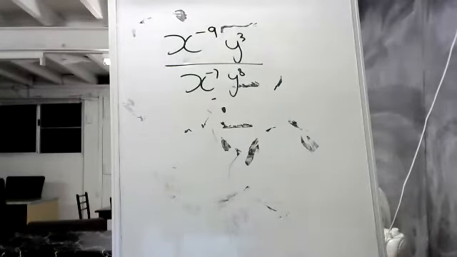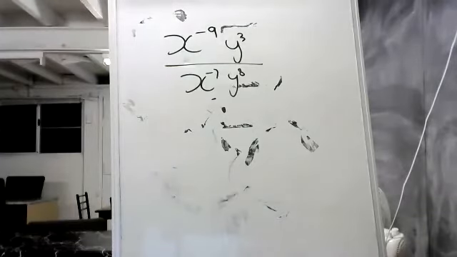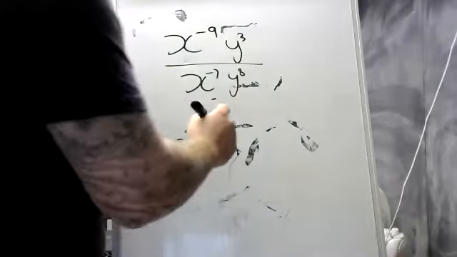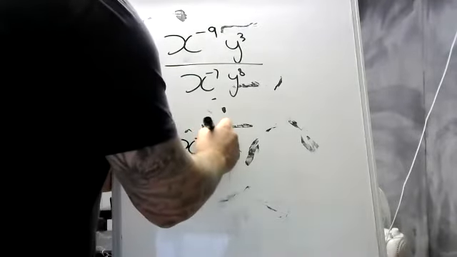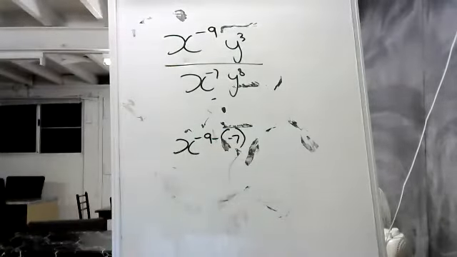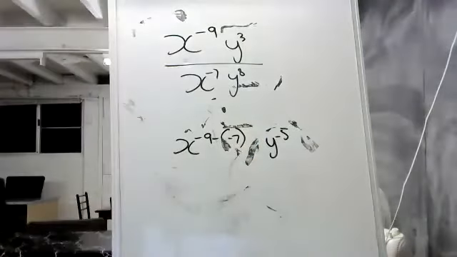So, I can hear someone still writing, so I'll give you a second more. So here I would apply the division rule first. So when you're done? Yeah. So we go x to the minus 9 minus 7, and then we've got y to the minus 5.